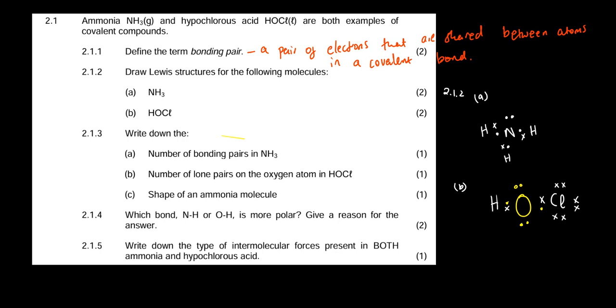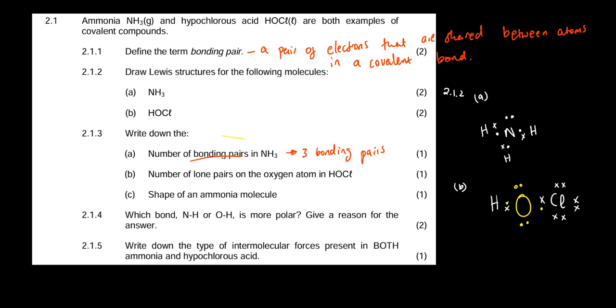Okay, now what are the number of bonding pairs in the NH3? Don't we have three of them, sir? Okay, 3 bonding pairs, right? Yeah, that's correct.